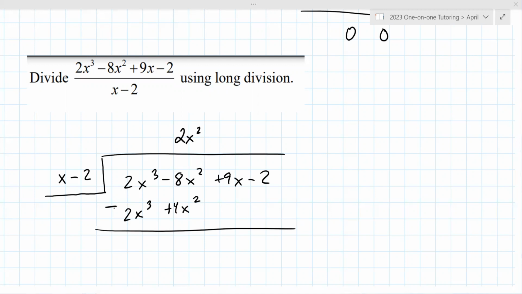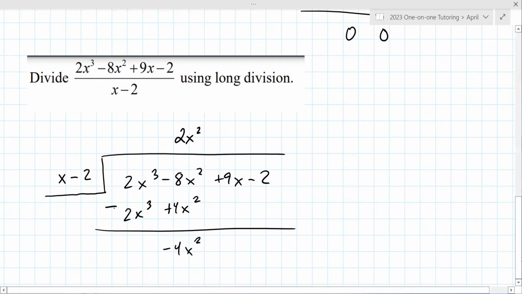So then, -8 plus 4, so negative 4x squared. Yeah, -4x squared. Okay. And then bring down the next term, the 9x. So you just bring one down at a time. You don't need to bring the 2 down. Do I need to change the signs when I bring them down?